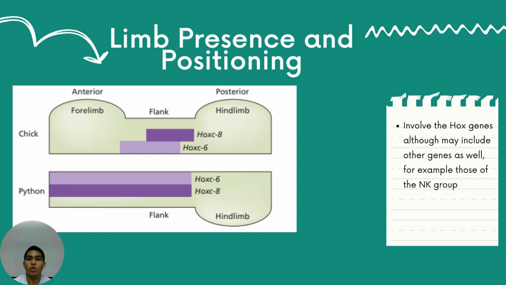In the mouse and chick, the Hox genes C6 and C8 are expressed in the lateral plate between the two limb buds, and it is believed that they repress limb formation in this region.